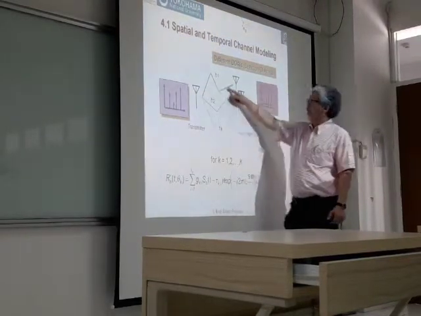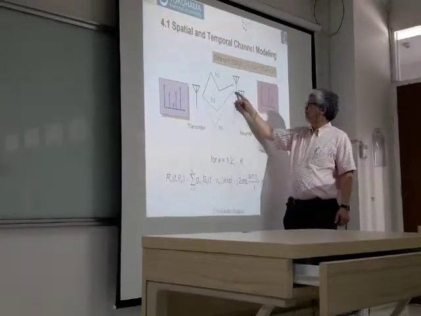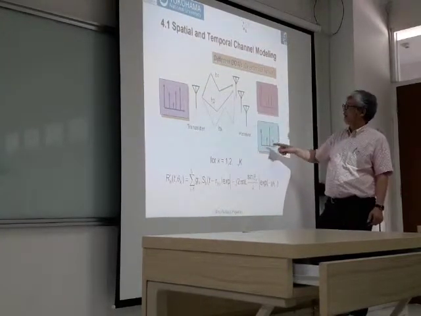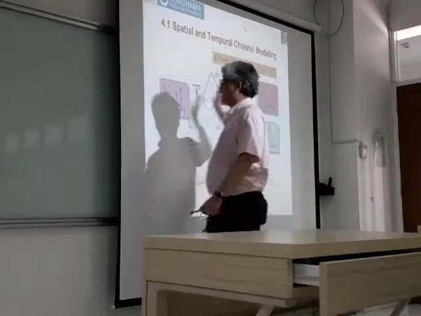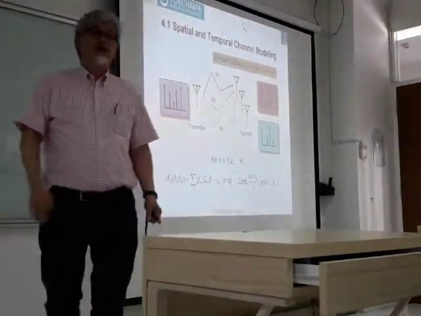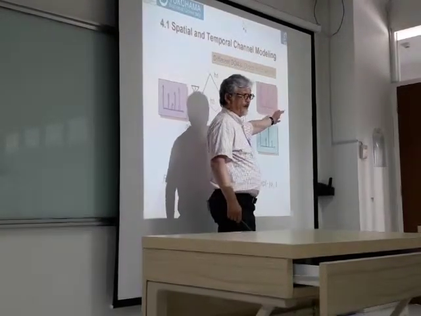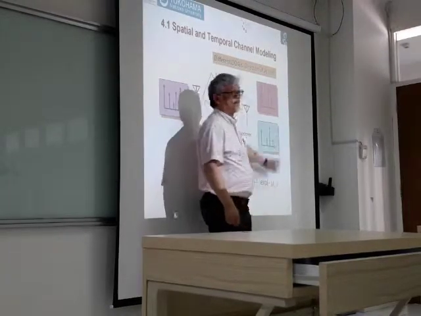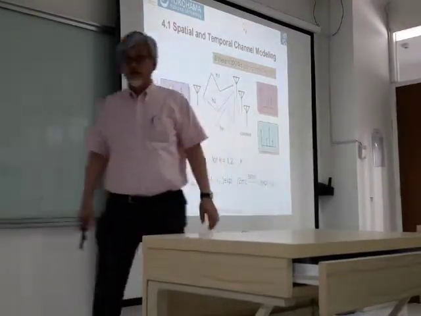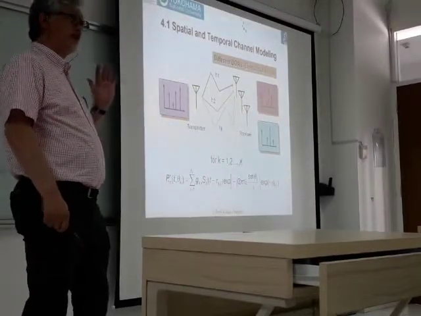The delay profile of this antenna is like this, and the delay profile of this antenna is like this, and so on. That means the arrival angles are different. This is a time-domain delay profile, but according to the arrival angle we have three different delay profiles. That means a space-time domain profile, a three-dimensional profile.